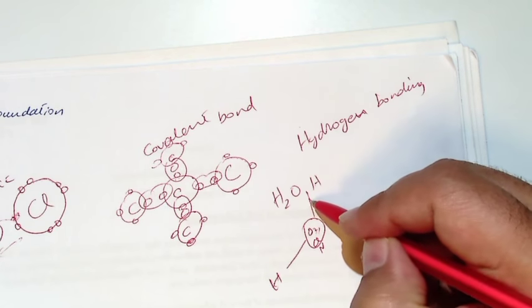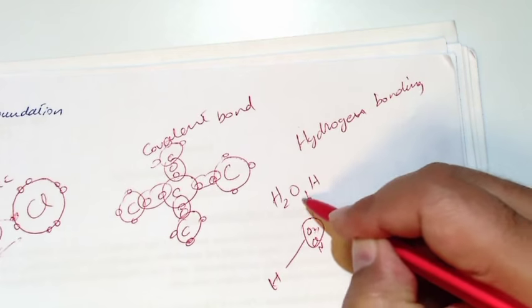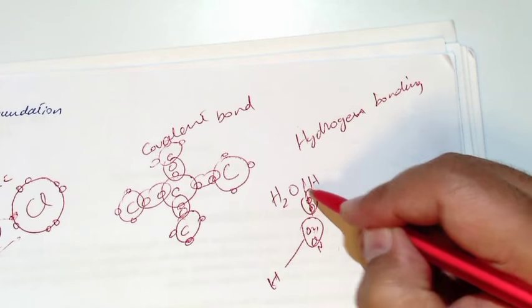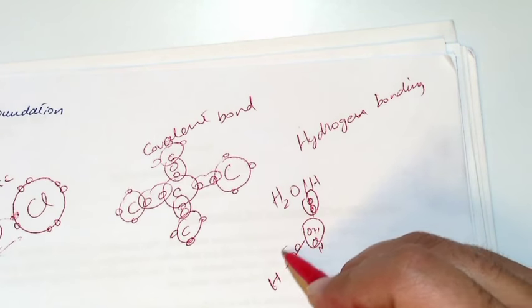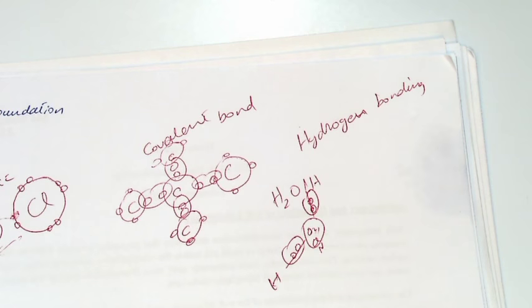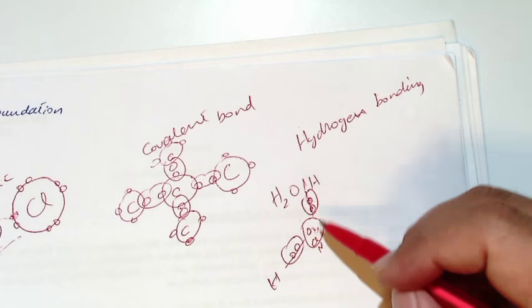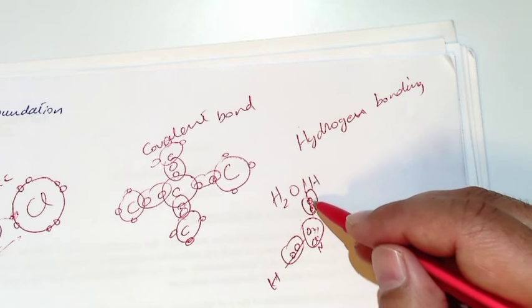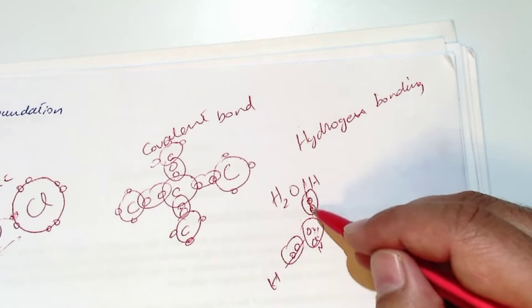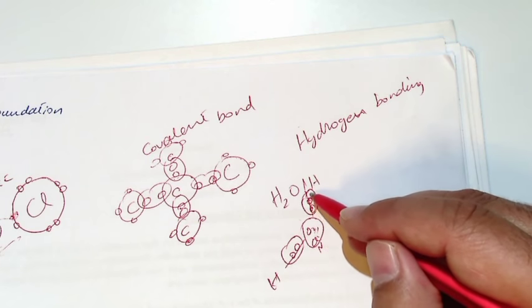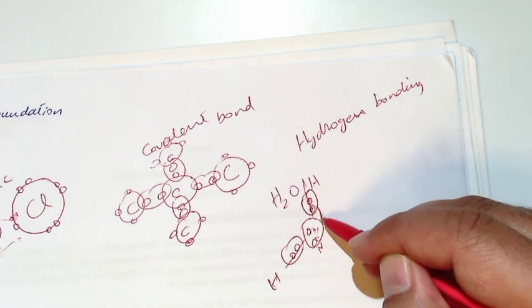Because it is sharing 1 electron, there are actually 2 electrons shared. This pair of electrons is shared on this side and also on this side. Because oxygen is a larger atom, it attracts the pair, which is shifted a little bit towards the oxygen. So instead of being here, it shifts a little toward this side.